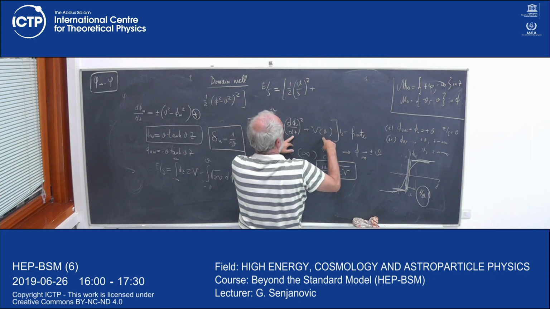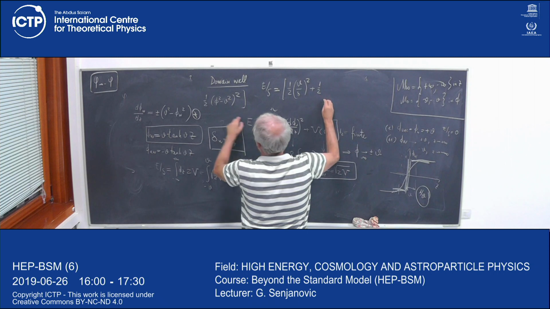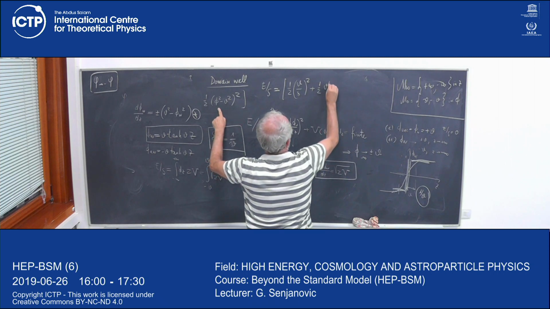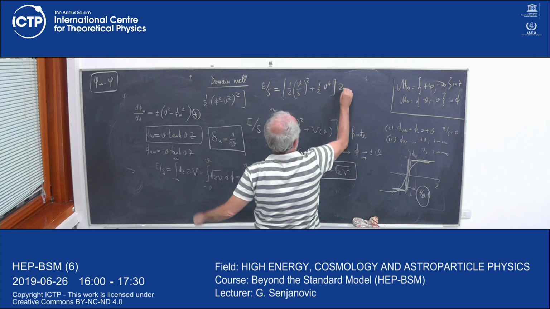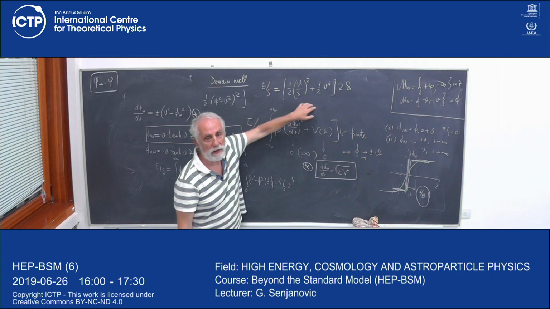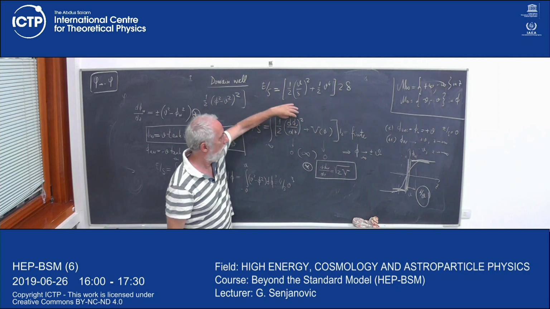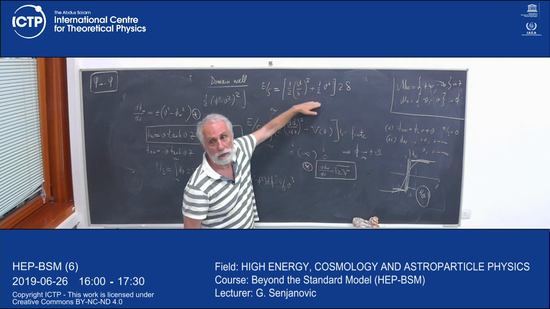Plus, V of phi is 1/2 V to the 4th times 2 delta. This is the change in energy carried by the field to jump from one value to another. That costs energy. At the same time, we are asking it to be away from the minimum. So this is the contribution here.